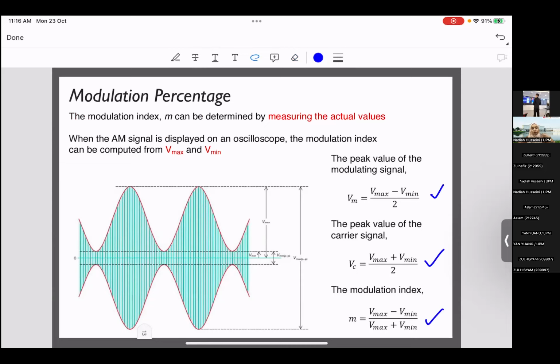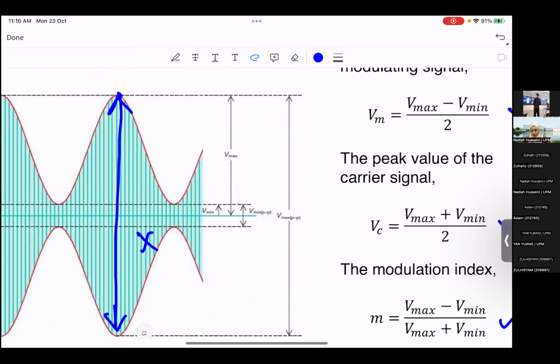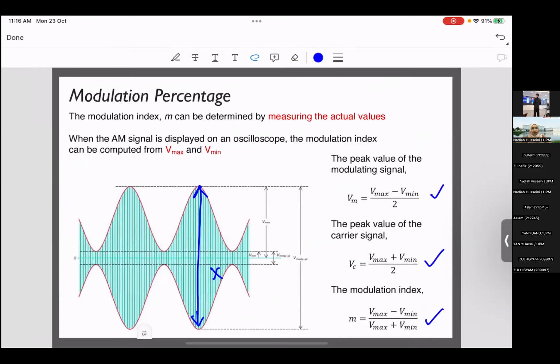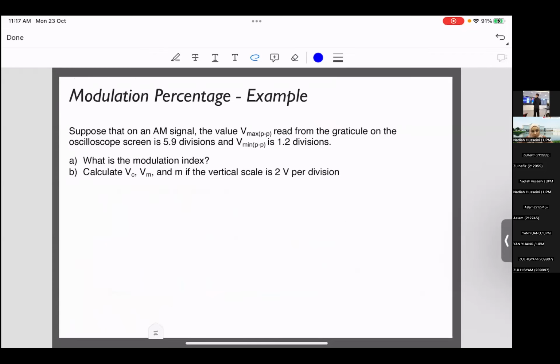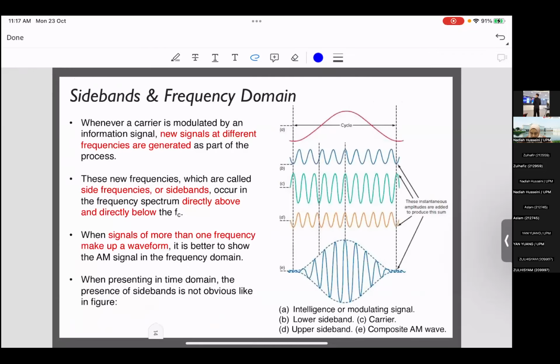And again, to remind you, the Vmax and the Vmin is not from peak to peak. It is from the 0 to the peak, just one side, okay? Only this one. So don't make that mistake when you are plugging in the numbers later. Okay, next. So we talked about this example. We did it in class.